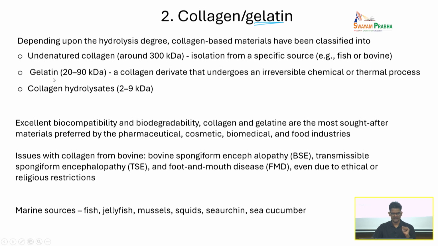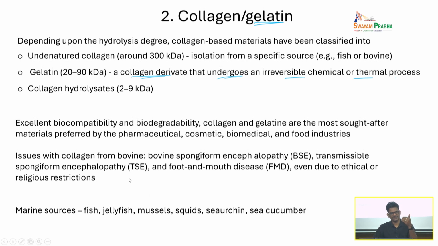Gelatin is basically collagen but with a much smaller molecular weight. When the molecular weight is between 20 to 90 kilodaltons, it is called gelatin. So it is a collagen derivative that has undergone an irreversible chemical and thermal process to break into smaller units.